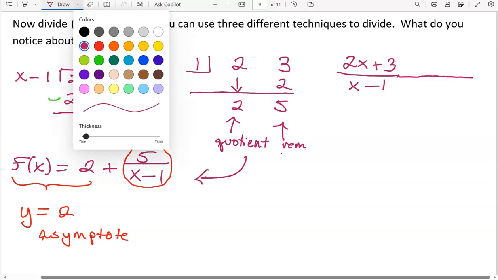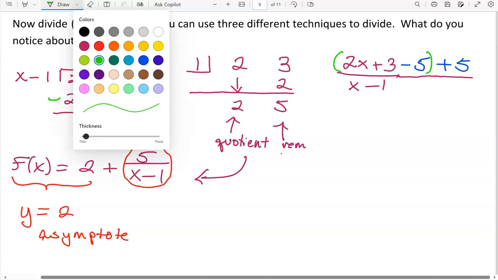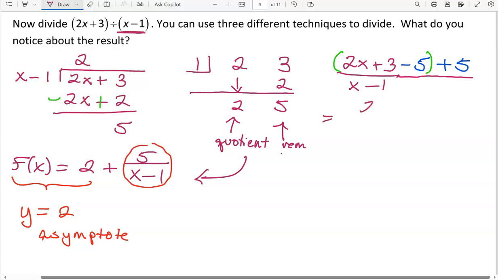So I can make the numerator into 2x minus 2 by subtracting 5. Now we have 2x plus 3 minus 5, which is 2x minus 2. But since we can't just subtract 5 from that numerator, I'm going to add the 5 back. And then I'm going to do a grouping here and rewrite this fraction as (2x + 3 - 5), which is 2x minus 2, divided by (x - 1), plus 5 divided by (x - 1).